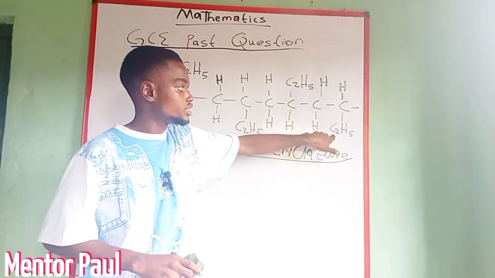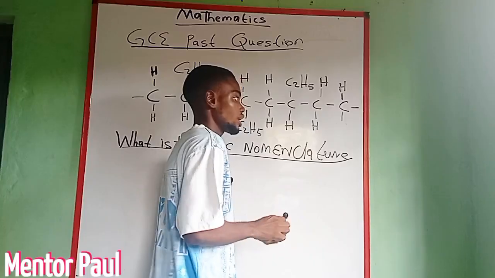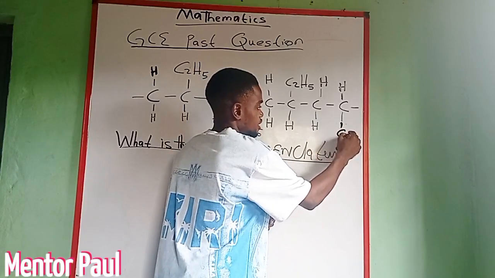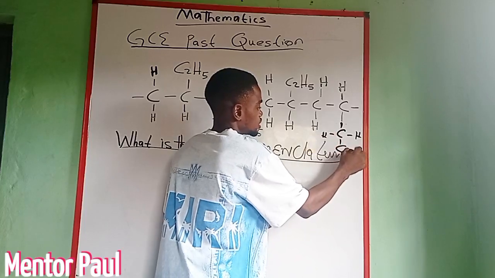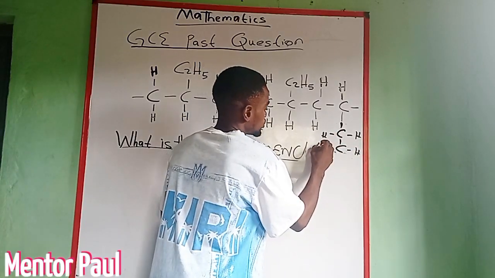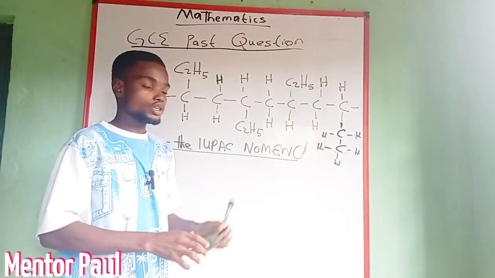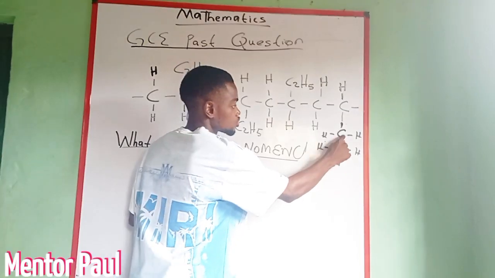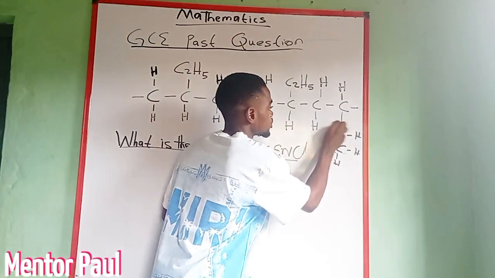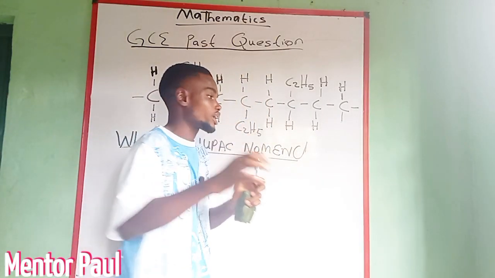This C2H5 you'll see here, it is extended as C-C, and here we put H, here we put H, here we put H, and at this other place we also put H and H. This is how it's supposed to look. So it was now shortened as C2H5, you get. So even though it's a substituent, it is also a type of branching there.